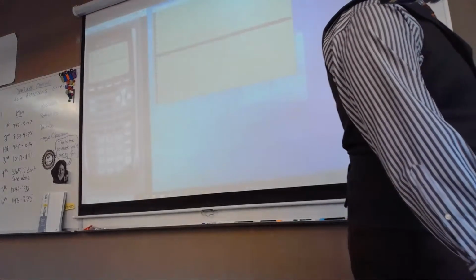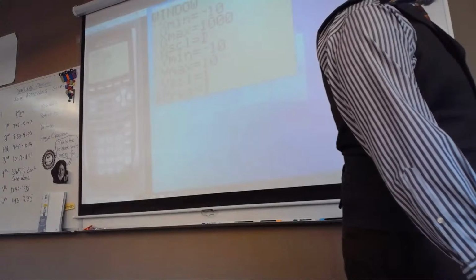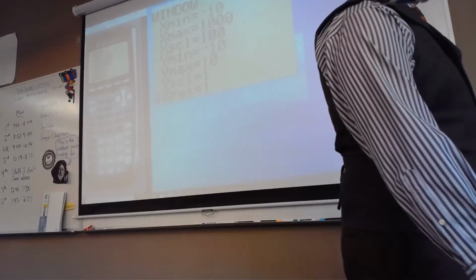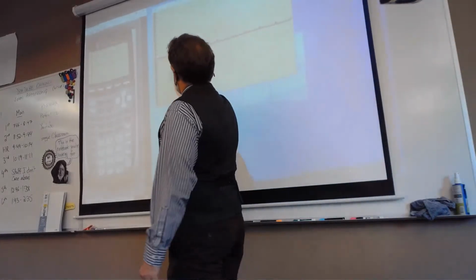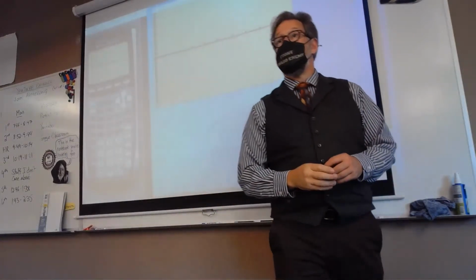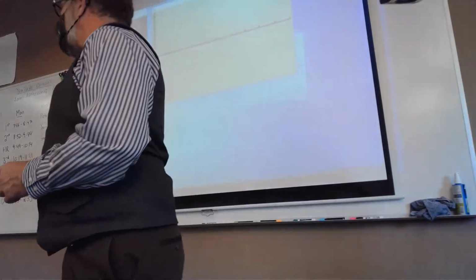So when you go back there, I'm going to make it 100 because I want one that I can actually use to see my graph. 100, 200, 300, 400, 500, 600, and so on.